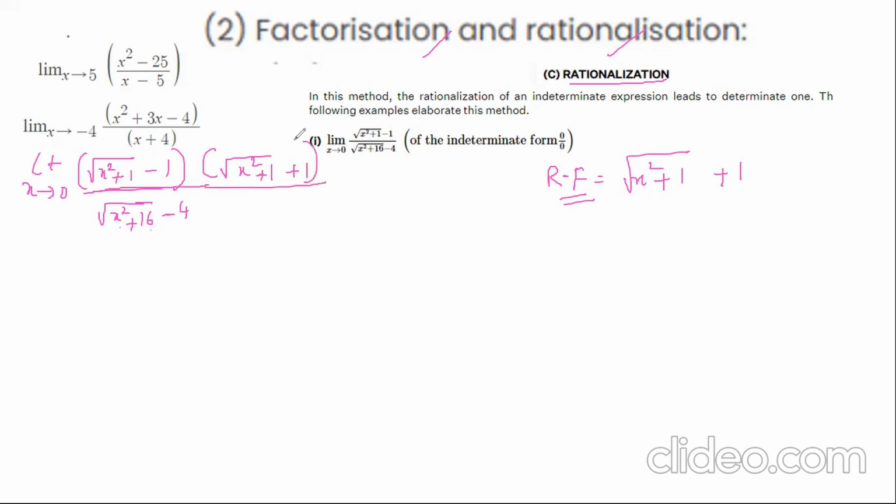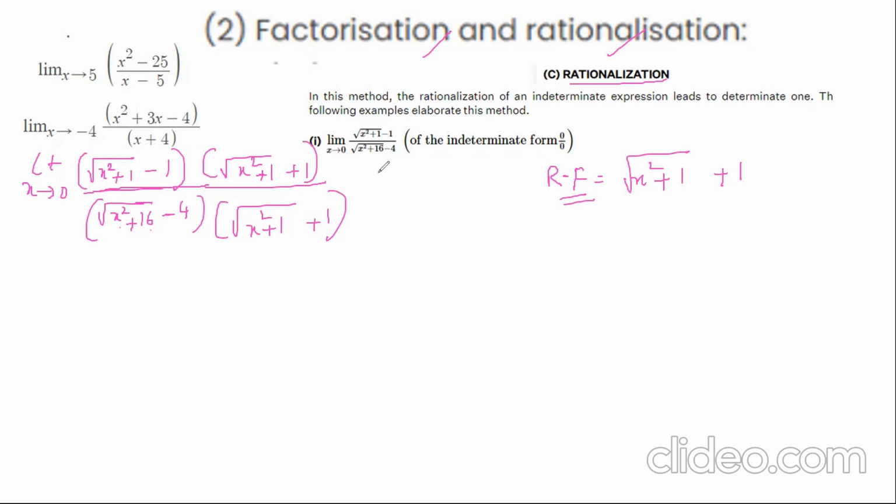Whenever you multiply the numerator, you should multiply the denominator also, right? So let us multiply the denominator also. What do you get? This into root of (x square plus 1) plus 1, correct? Now the denominator is also to be rationalized, right?